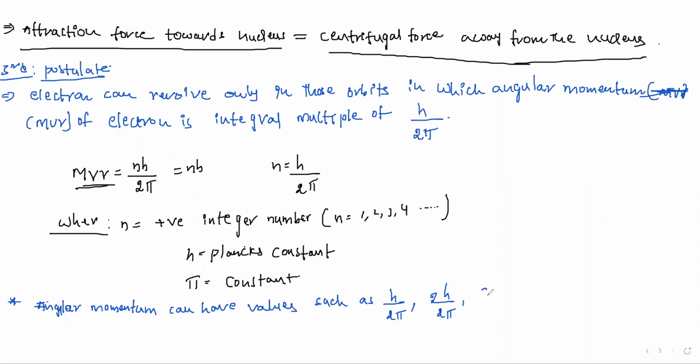If n value is 3, 3h by 2 pi. If n value is 4, 4h by 2 pi, etc.